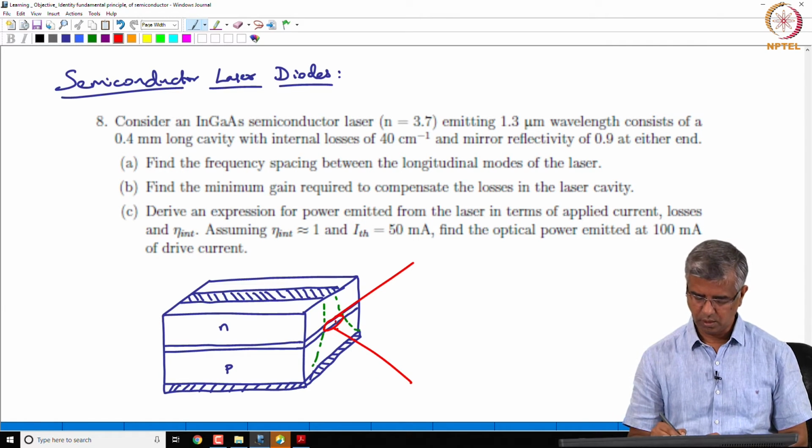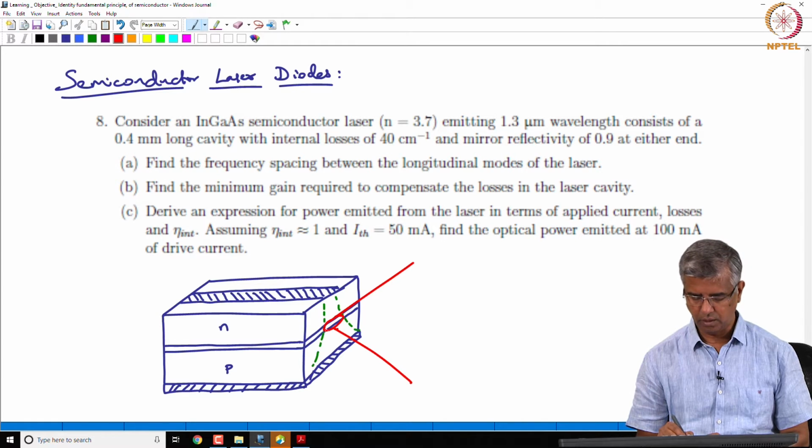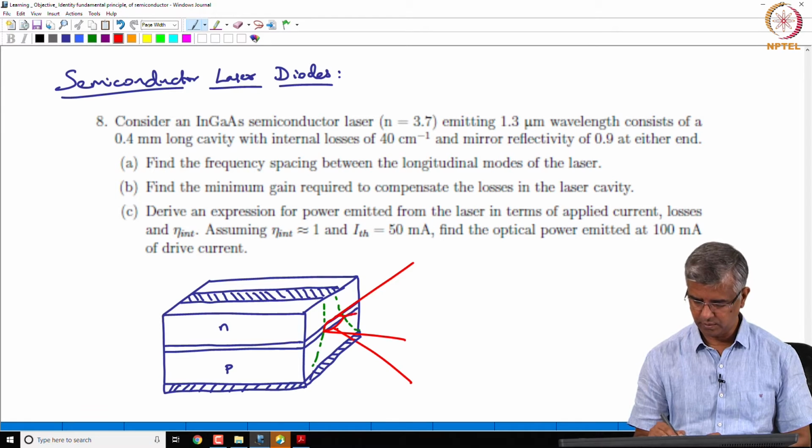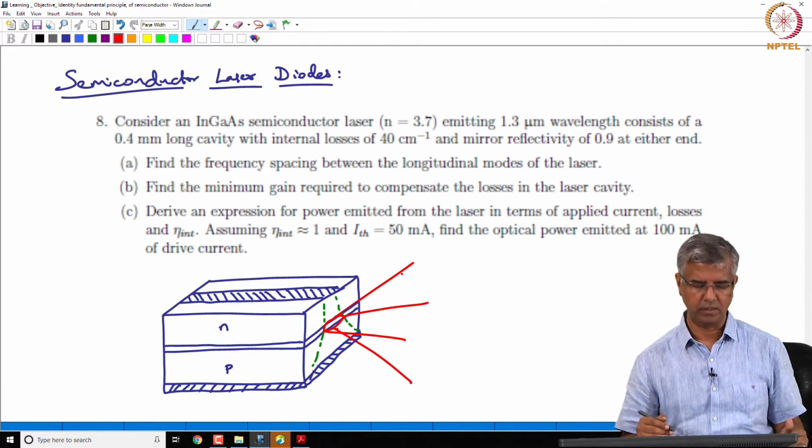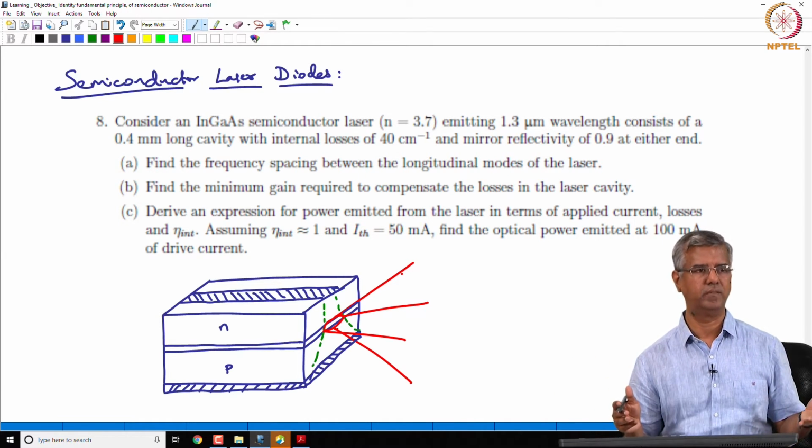Whereas if you consider the light that is coming from the horizontal direction, that does not diverge as much, because it is coming from a larger aperture. The larger the aperture, the less the divergence.